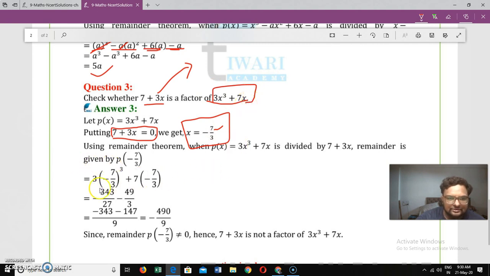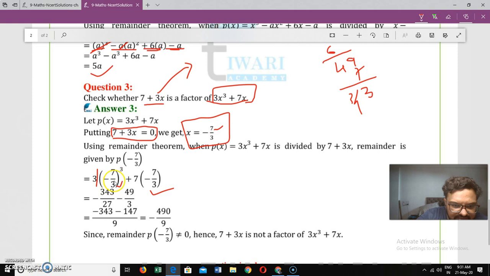So in doing so, 3 into minus 7 by 3 cube plus 7 into minus 7 by 3. 7 cube will be 7 sevens are 49, into 7. Fine.